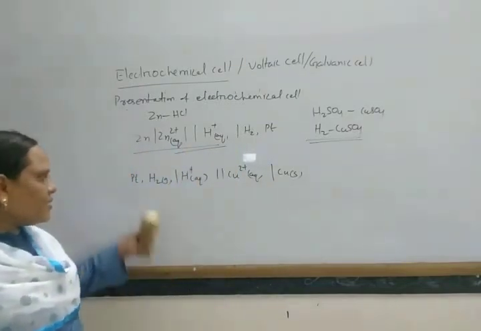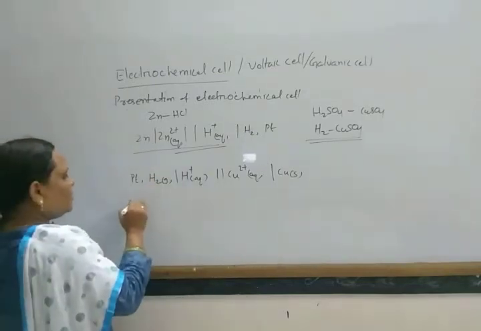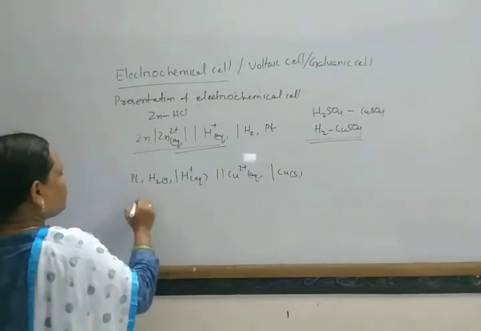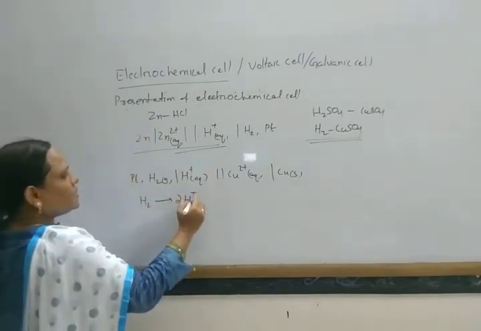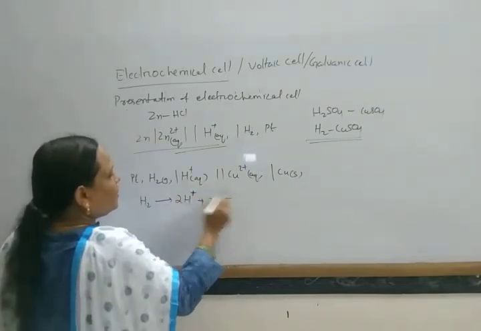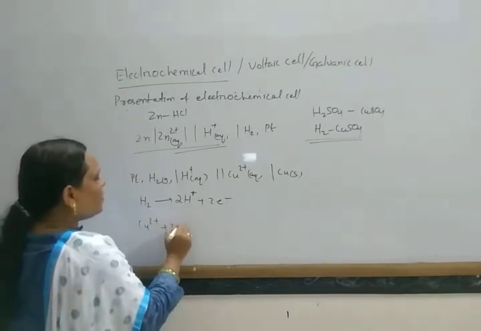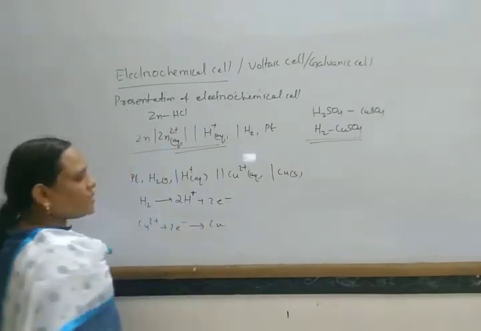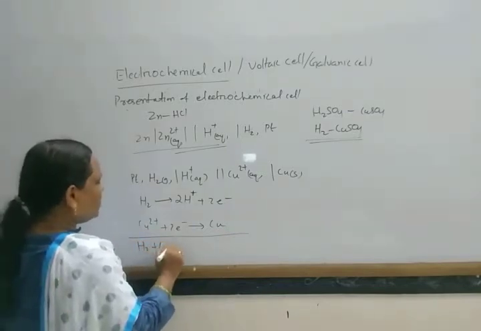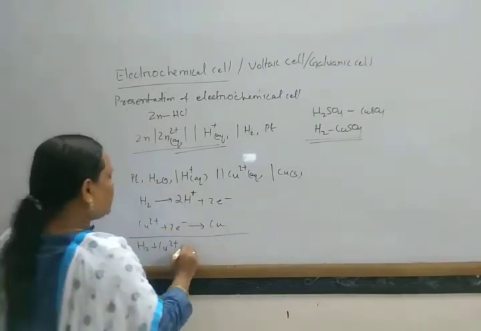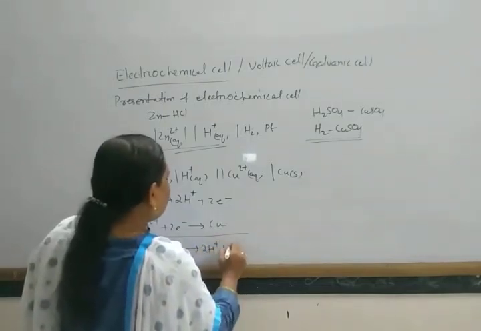So in this way the hydrogen copper sulfate electrode can be represented, and zinc HCl can be represented. And what is the cell reaction? Suppose I am writing the cell reaction for this. First H2 gives rise to 2H+ plus 2 electrons, loss of electrons, and Cu2+ plus 2 electrons gives rise to Cu, and the overall reaction is H2 plus Cu2+ gives rise to 2H+ plus Cu.